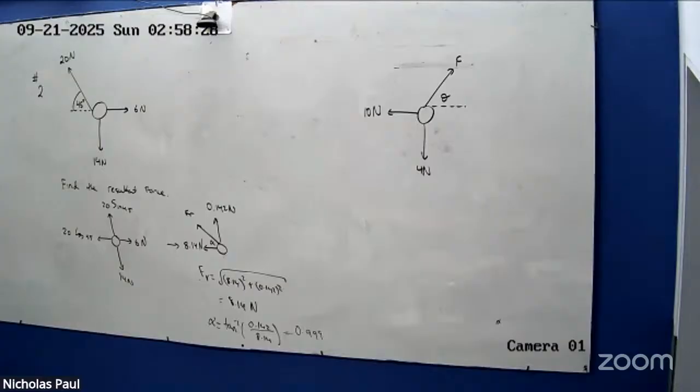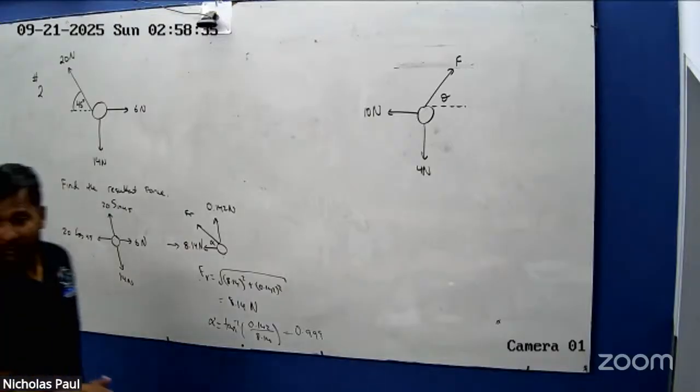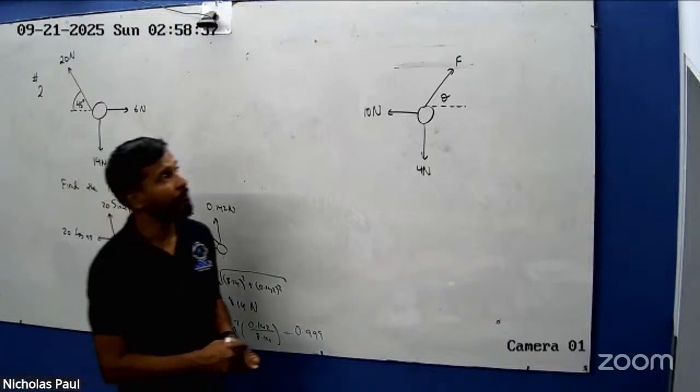Okay, so look at that system there. It's in equilibrium, right? So it means that upward equals downward, left equals right. So what's the first thing we have to do?